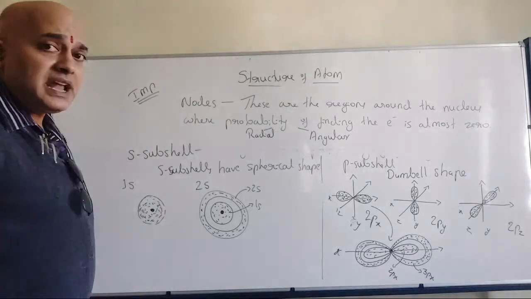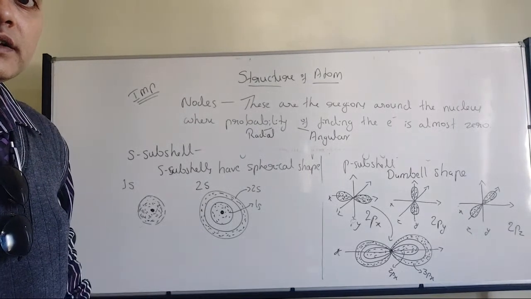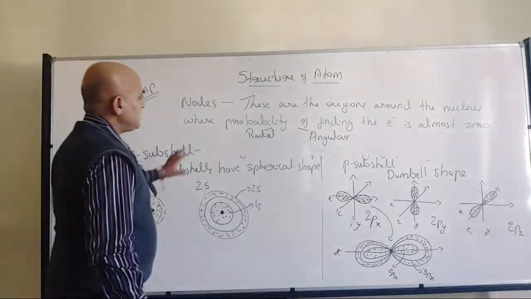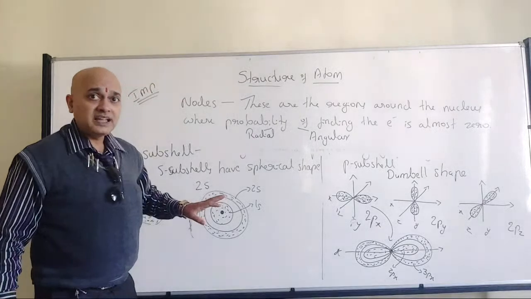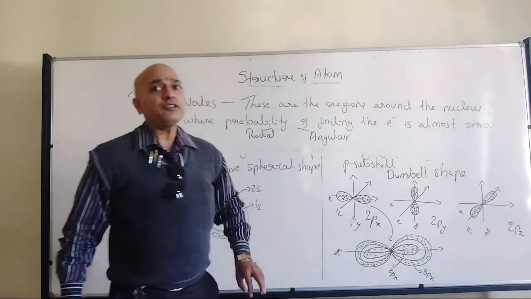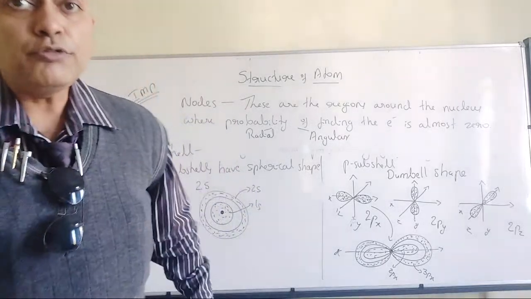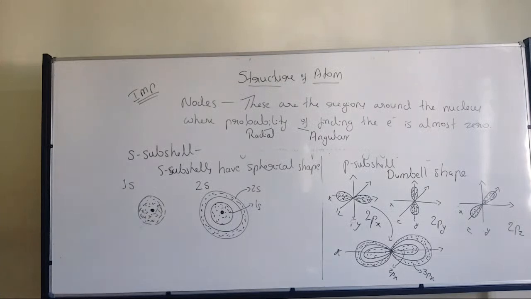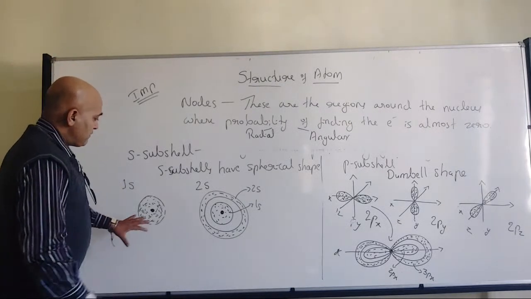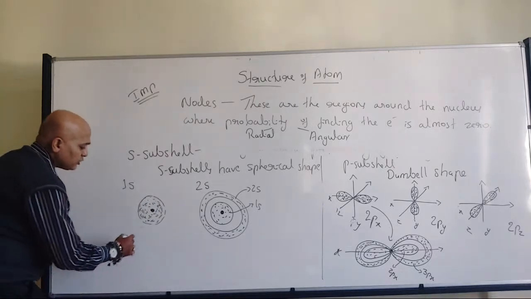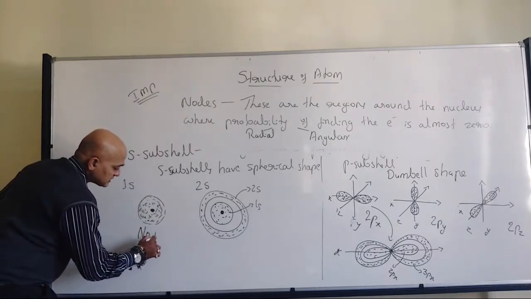Okay? Now, when I am talking about nodes, these are the regions where the probability of finding the electron is almost zero, and there are two types of nodes, radial nodes and angular nodes. Now, when it comes to the 1s subshell, there are no nodal regions.